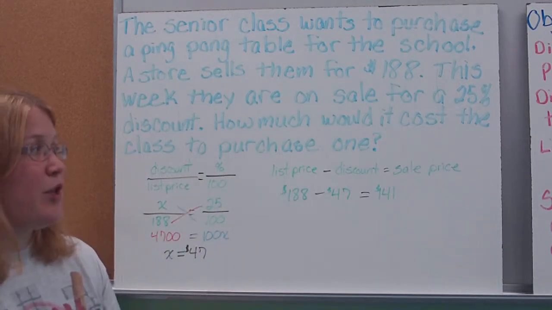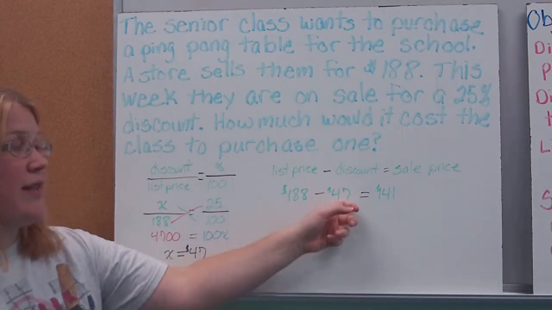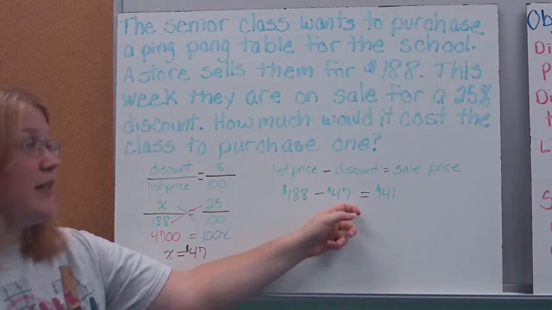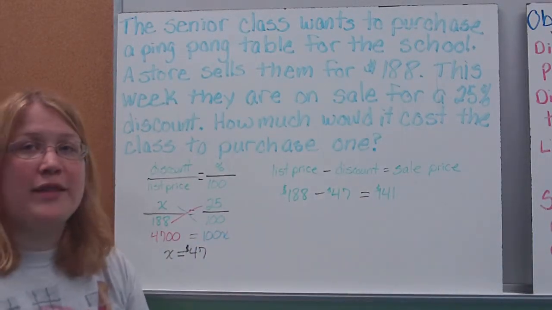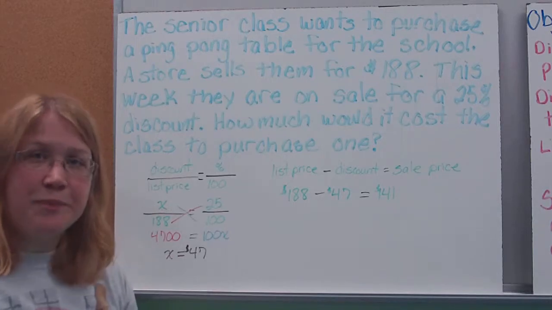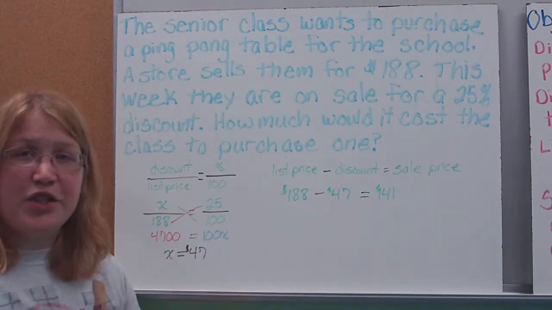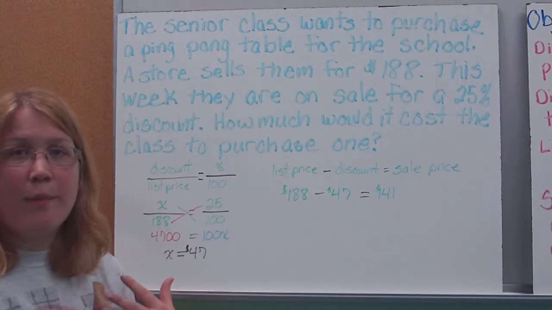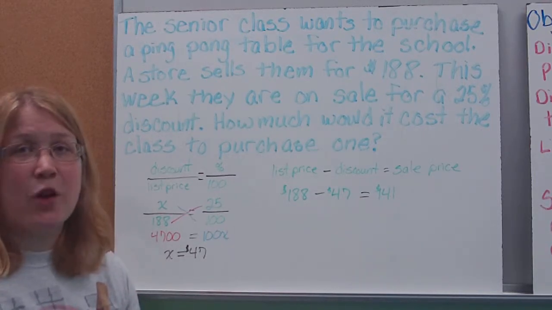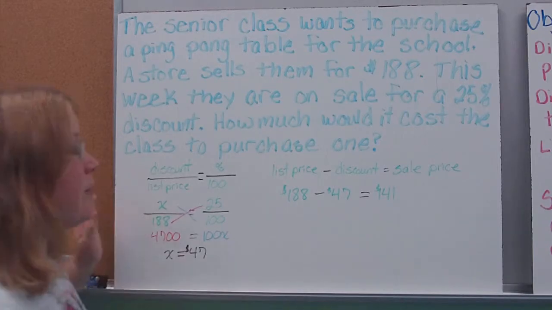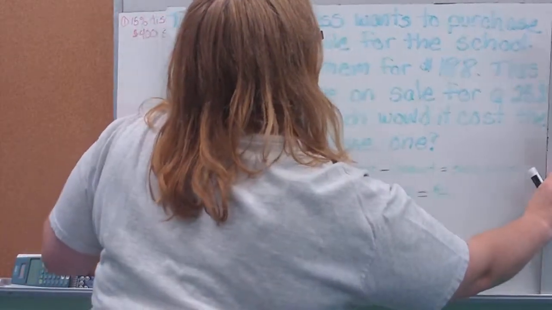The problem's asking how much are they going to spend. So I'm taking my list price, subtracting the $47 discount to find out that it'll then cost them $141. All right, so some of them are just multi-step, but again, this should seem pretty familiar. This is almost exactly the same as our percent increase and our percent decrease. Let's do a few more examples here.